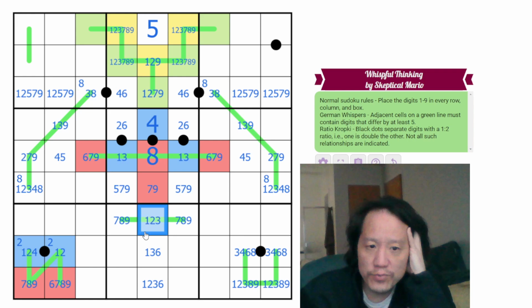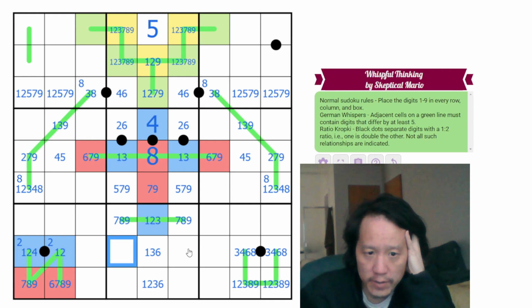So we also know 3 has to be here. So this cannot contain a 3 either. So this can't contain 2. It cannot contain a 6. It can't contain a 3.